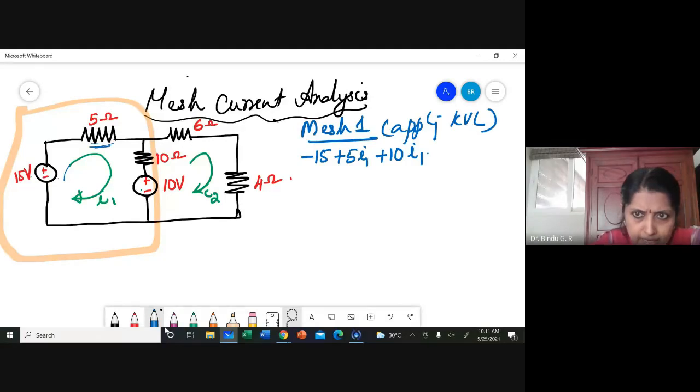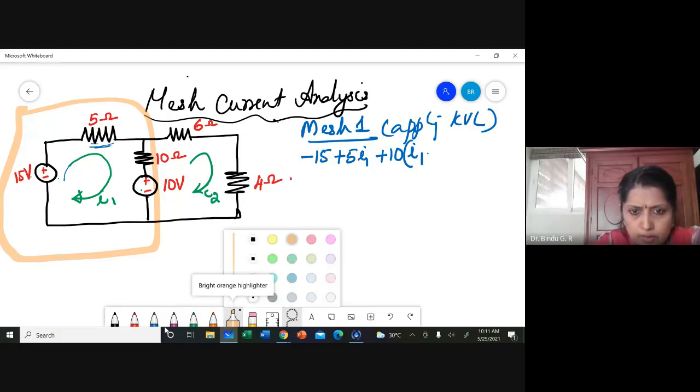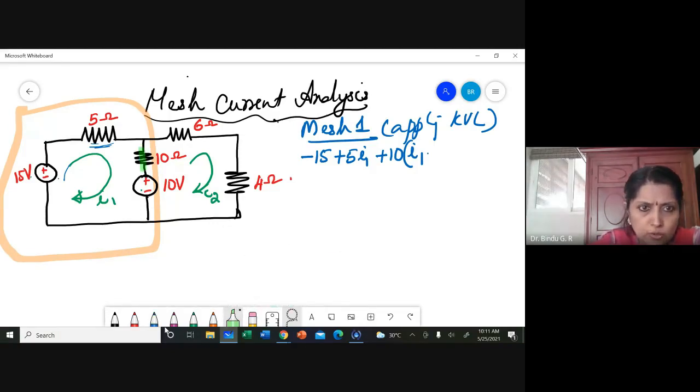10I1, I can even write this as, what is the current through the 10 ohm resistance? It is I1 as well as I2. Because I am writing the equation for mesh 1, I1 comes first, so I1 minus I2.